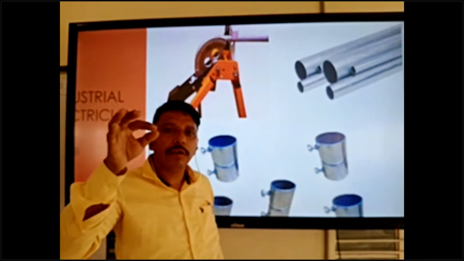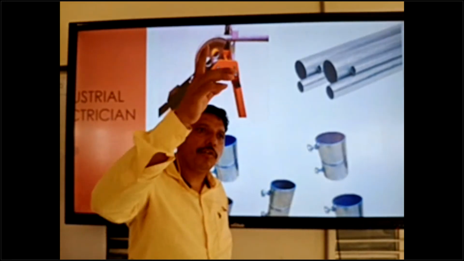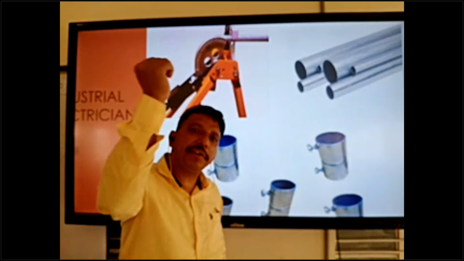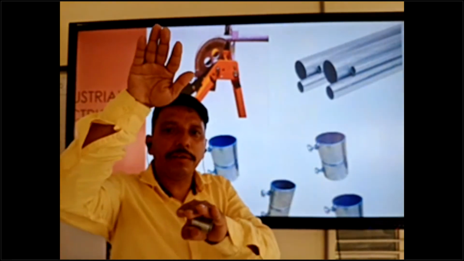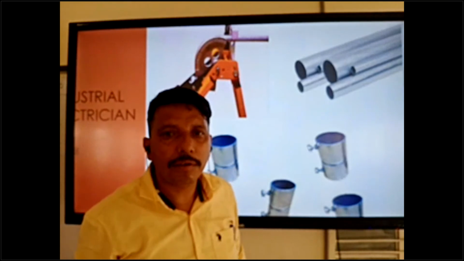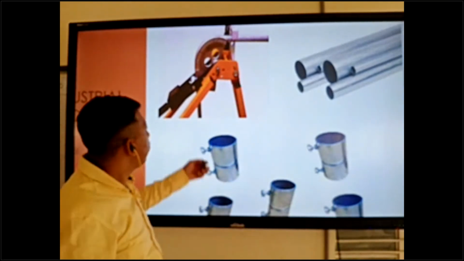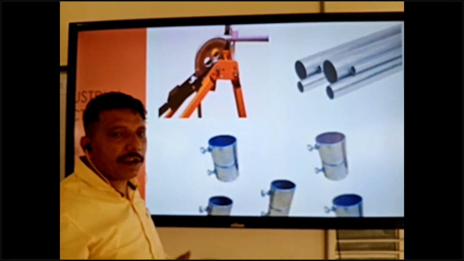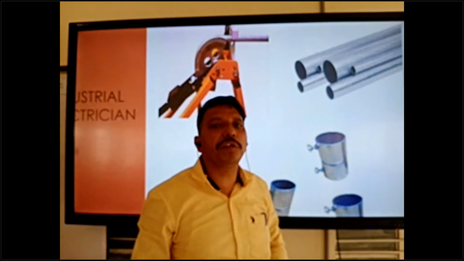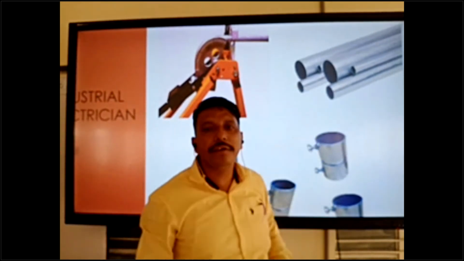Which type of bend do you need in your work area? 90-degree bend, 45-degree bend, offset bend. We can use the same type of bending machine. A thread die machine is not needed because EMT does not come with thread.